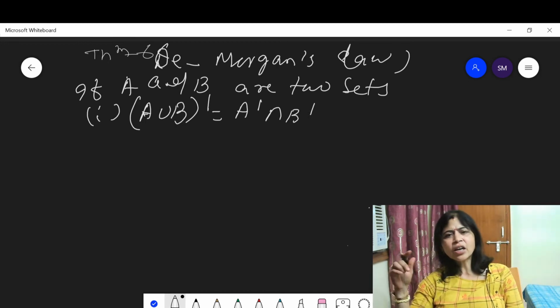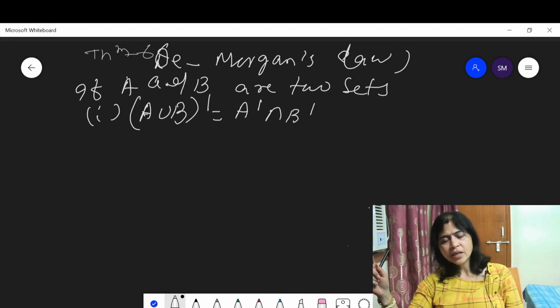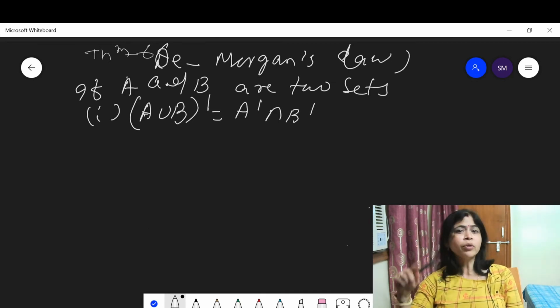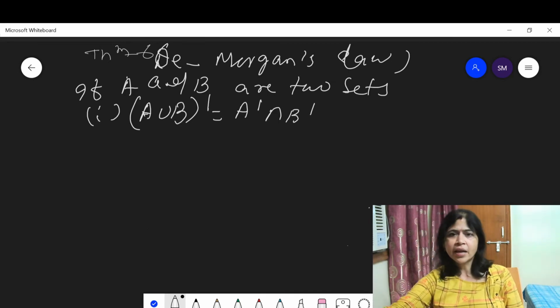Please students recall what is A dash. A dash is equal to the universal set minus A.